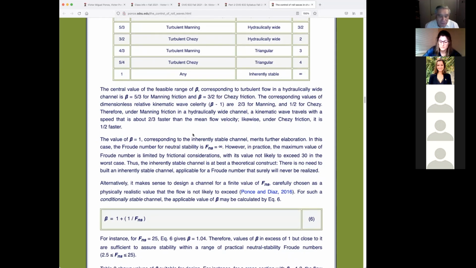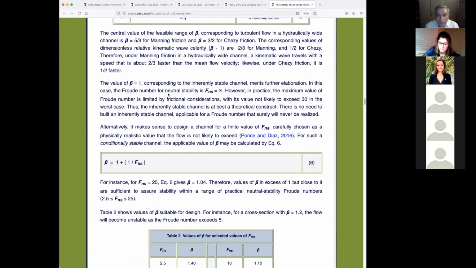Okay, so now we move in here to the nearly stable channel, which I've already defined. I talked extensively about it. This is an idealization. We would like to strive towards the nearly stable. We don't want to get there. It's impractical. I already told you that.